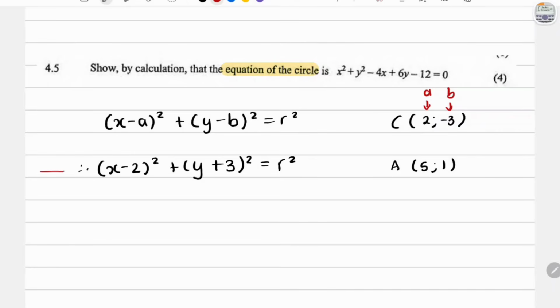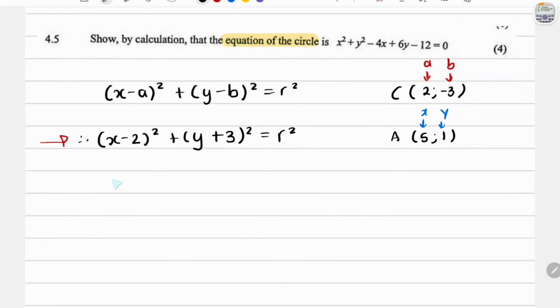So you see now that this equation is almost complete, it just needs r. So to find r, we substitute this point in place of x and y. So we're going to say our x value is 5, minus 2 squared, plus y value is 1, plus 3 squared, is equal to r squared.